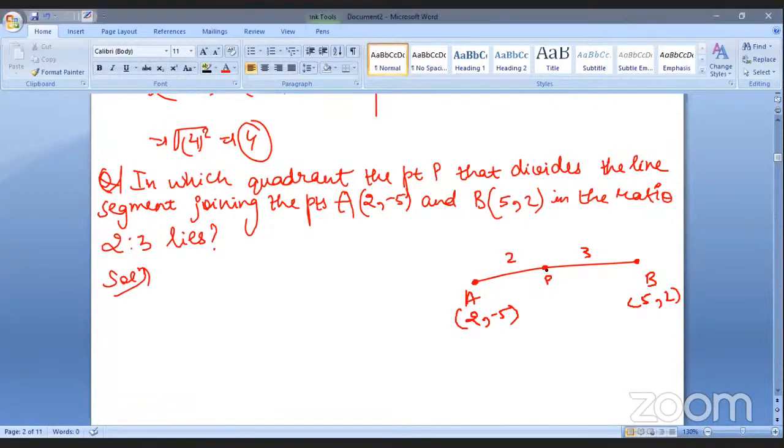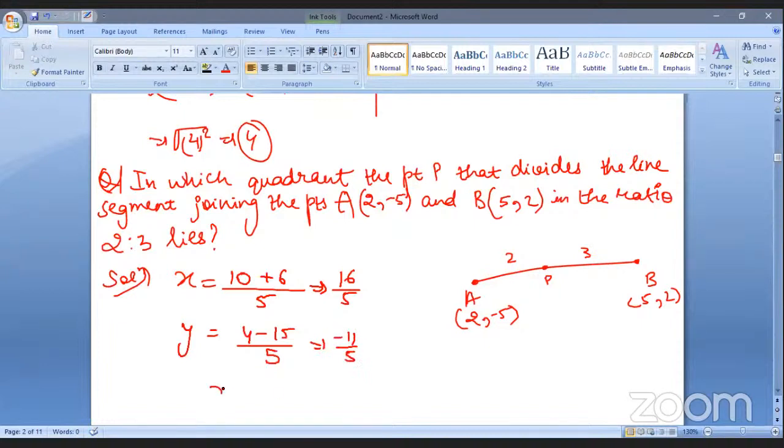So simply we have to find the coordinates and we just have to tell the quadrant also. We know that here x would be equal to (2 into 5 plus 3 into 2) by 5. I'm not writing it like this, it will take a lot of time. So I'm just writing 10 plus 6 by 5, 16 by 5, and y is 4 minus 15 by 5, minus 11 by 5.